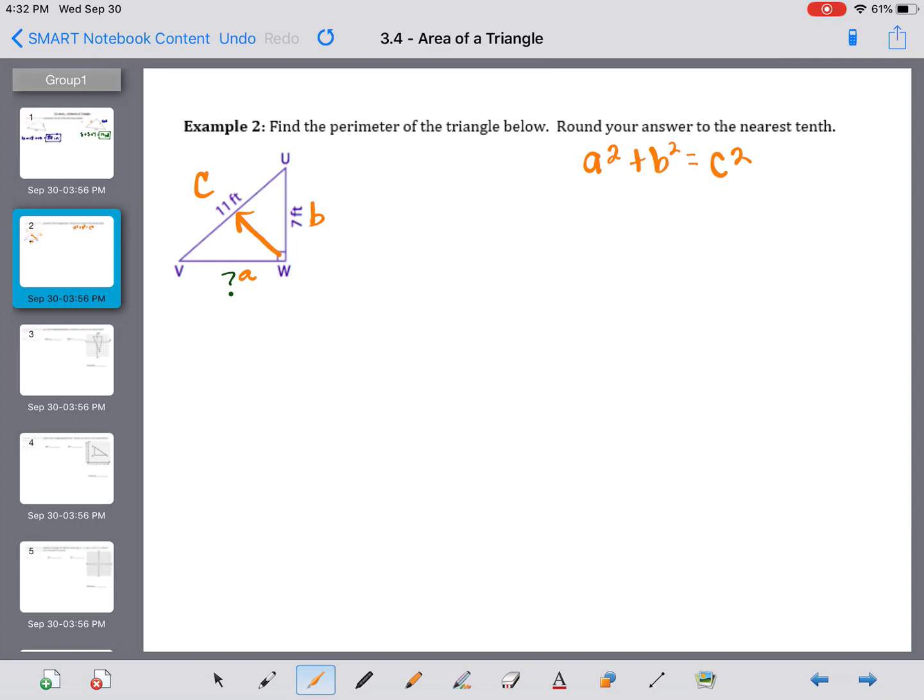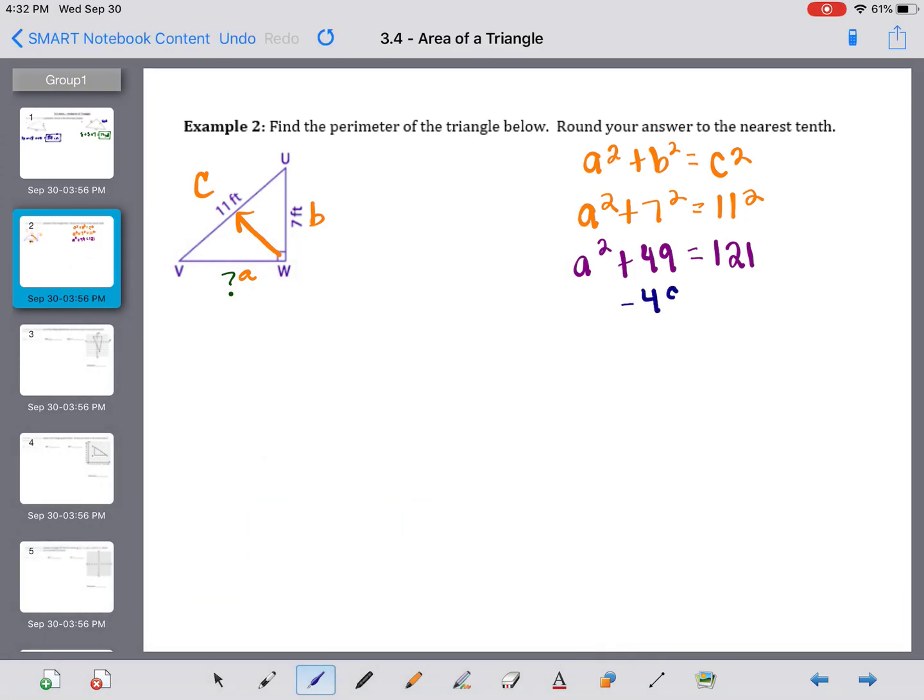Plug it into the Pythagorean theorem: a squared plus b squared equals c squared. Simplifying, I get a squared plus 49 equals 121.